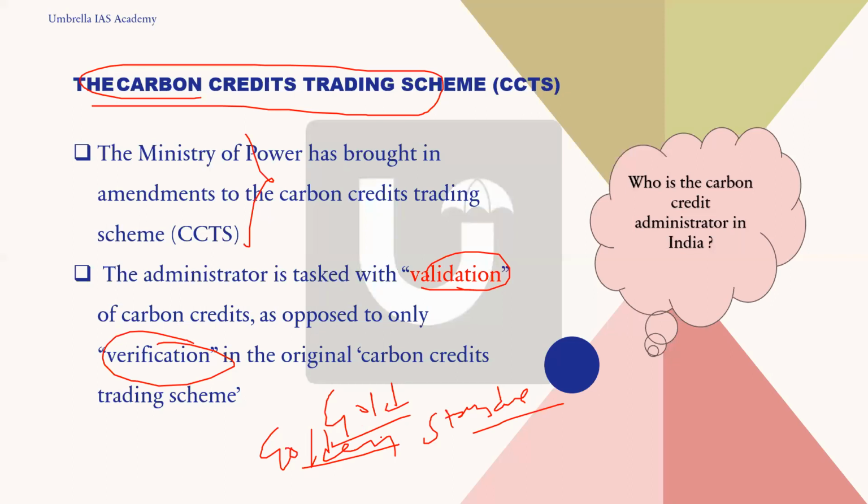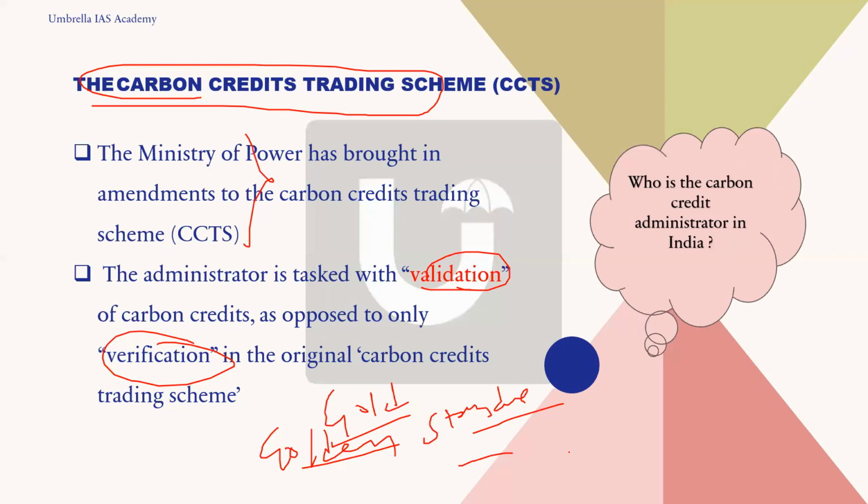It is related to carbon offset. Carbon offset standards: if someone is trying to reduce carbon emissions, there is an international standard for that, to calculate how much emissions have been reduced. For example, let us say I have started vermicompost from some waste, so I am trying to reduce some emissions.